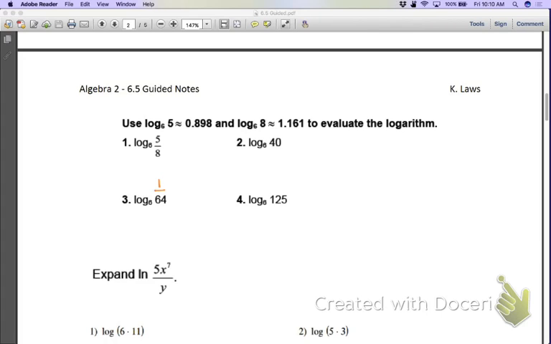Did I do anything with the log base 6 of 5, or did I do everything with the log base 6 of the 8? Like if it was log base 6 of 1/64 instead of log base 6 of 64. What did I do to the 8 before? Like what is another way to write 64?